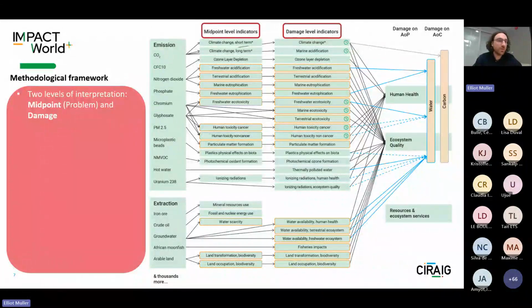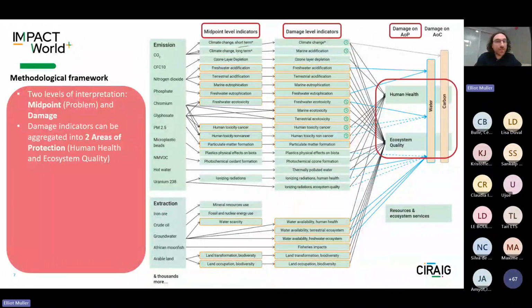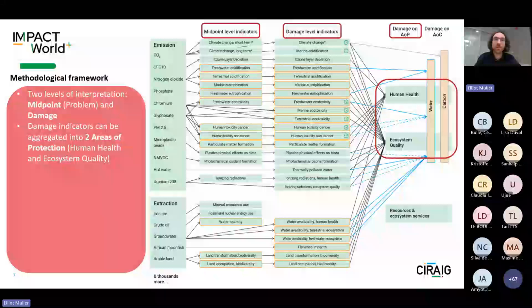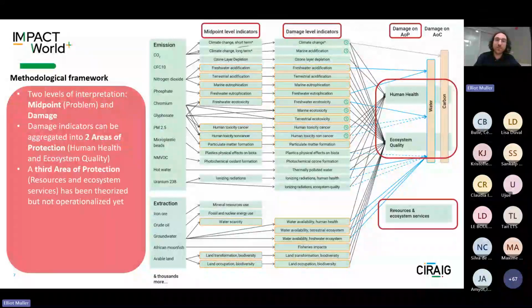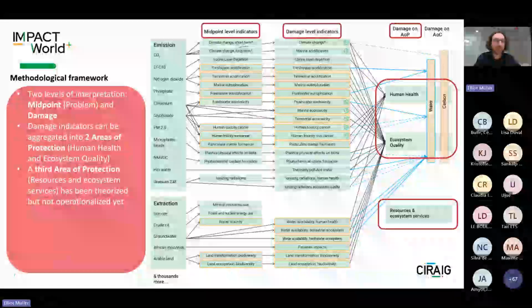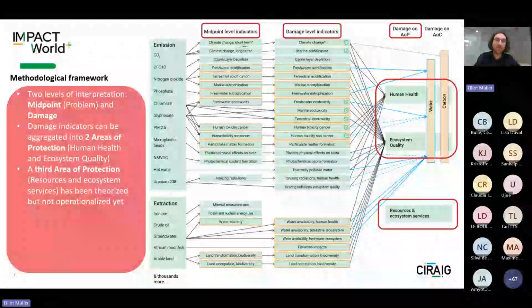So the midpoint indicators, also called problem, and the damage level. Then the damage levels can be aggregated in what we call damages on areas of protection, namely human health and ecosystem quality. A third area of protection was theoretically developed, called the resources and ecosystem services. It has been theorized, but it has not been operationalized yet.